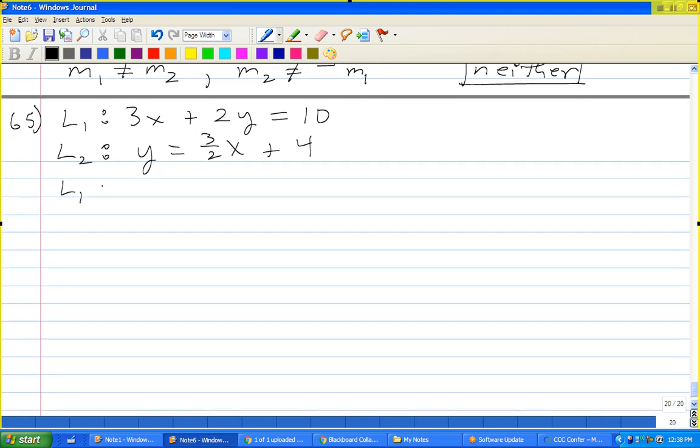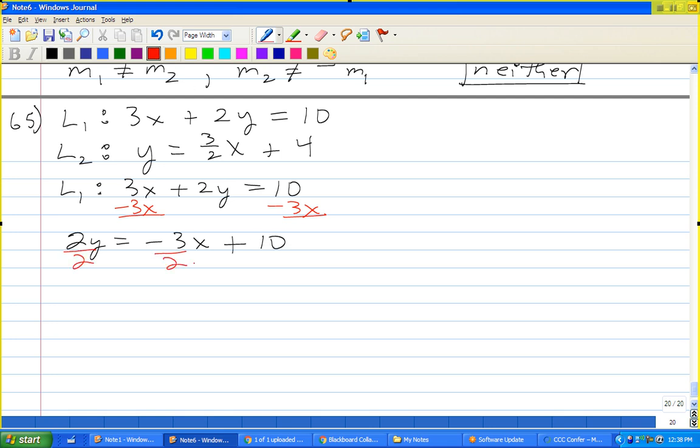So for L1, let us subtract 3x from both sides of my equation in order to isolate y on one side of the equation. So 2y is equal to negative 3x plus 10. Divide both sides of my equation by 2.